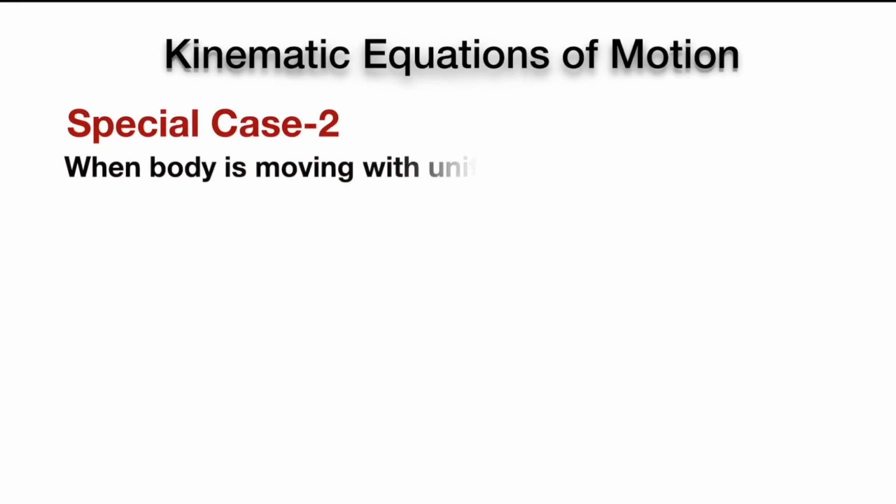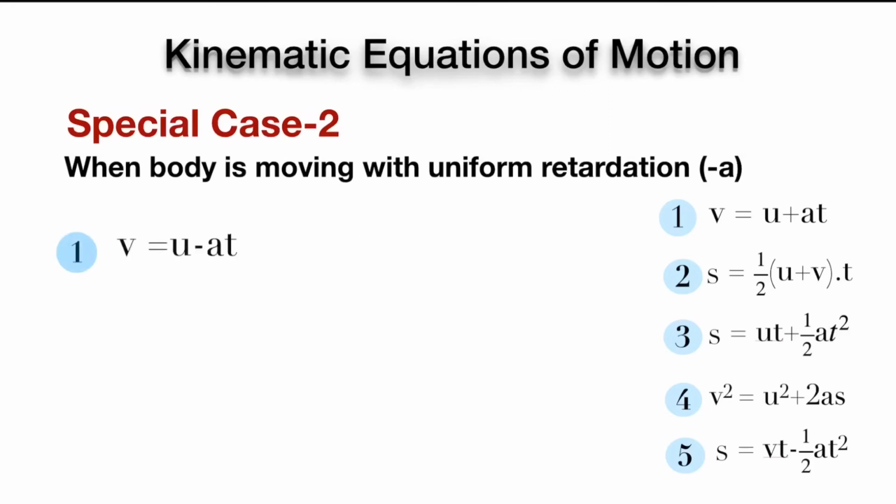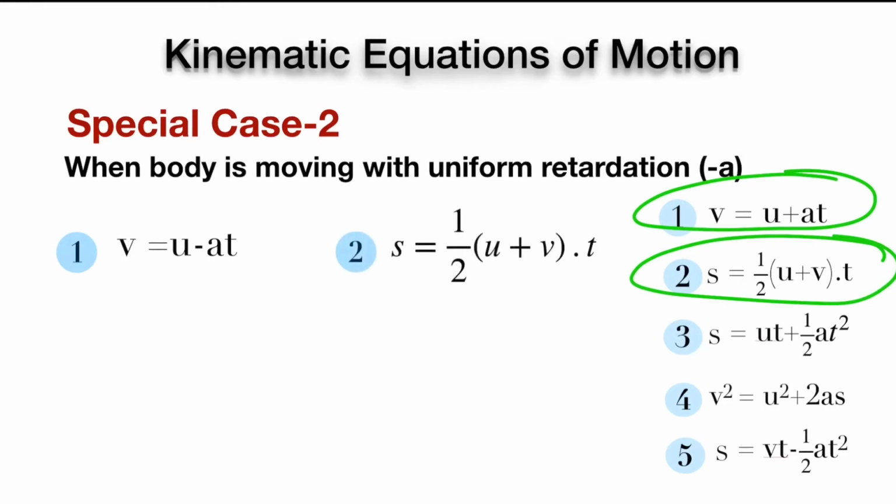Now let's consider case number 2. In this case, the body is moving with uniform retardation, meaning the acceleration is equal to minus a, negative acceleration. Again, for this we'll check all the 5 equations. Equation number 1 reduces to v equal to u minus at. Equation number 2 remains the same because it doesn't contain the acceleration.